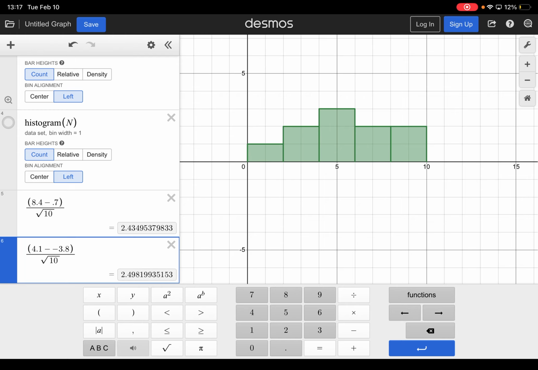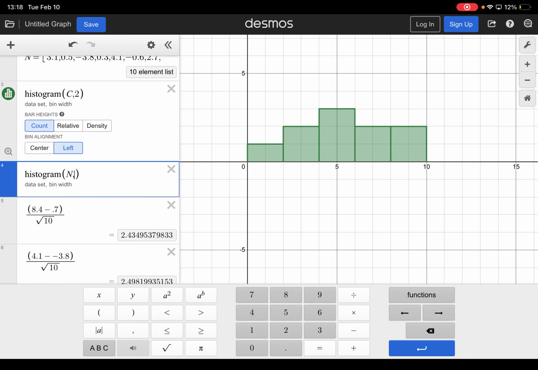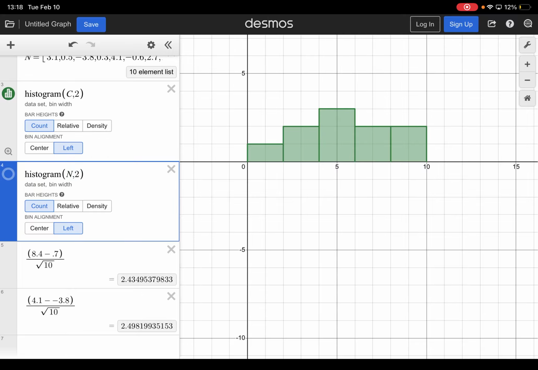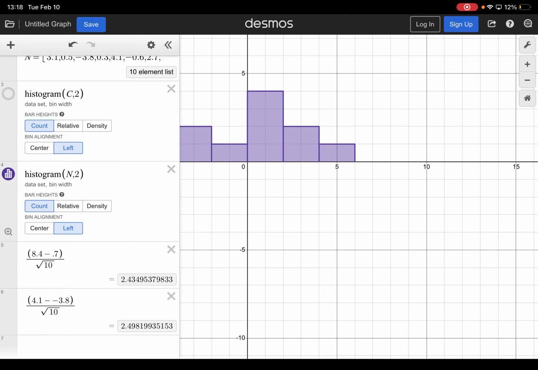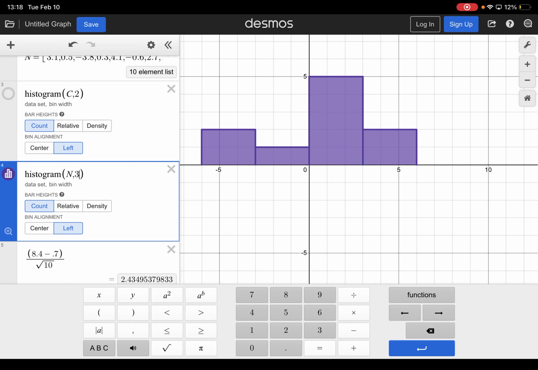And this time I get 2.49, which again, I'm going to check 2 and 3. Let me turn this one back on, that one off. So 2 looks good. I have 5 bins there. Still check 3 just in case. Again, that one doesn't look good. I only have 4 bins. So your bin width for both of them should be 2.